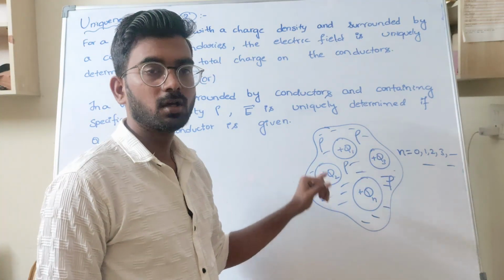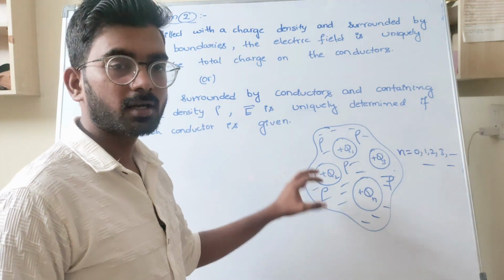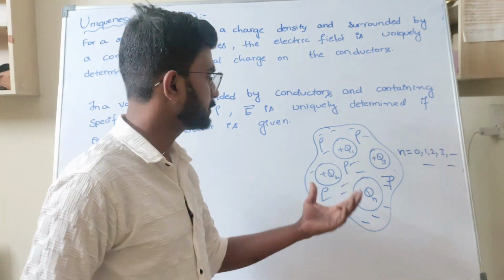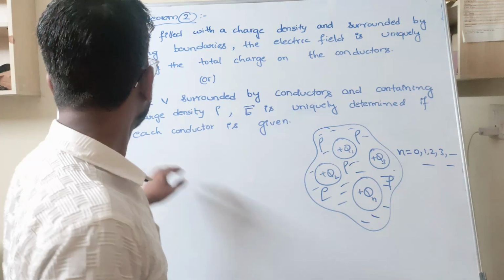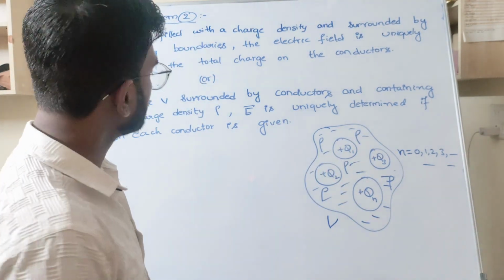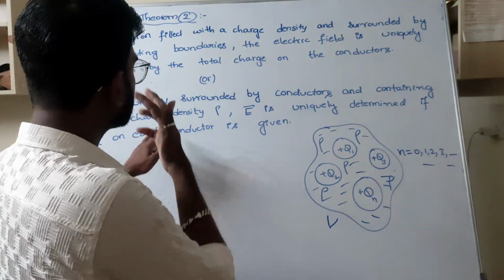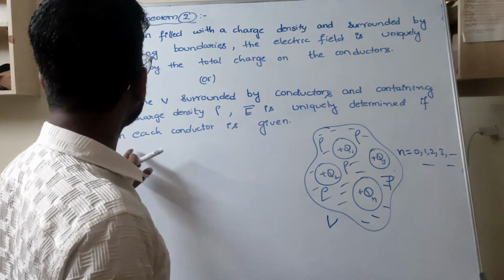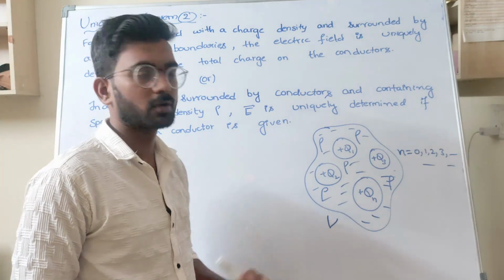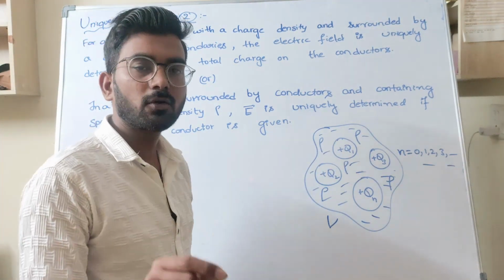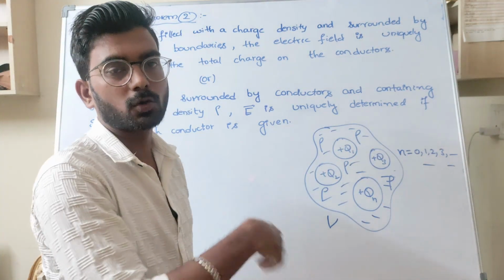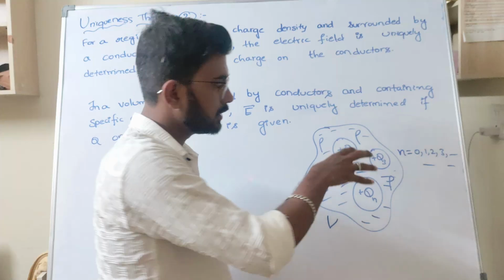Or in another way, a volume V surrounded by conductors and containing charge density rho has a uniquely determined electric field if the charge Q on each conductor is given. If the charges are given, then only can you determine the total electric field.